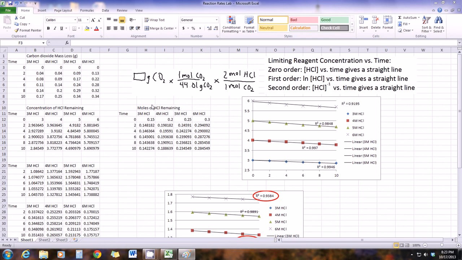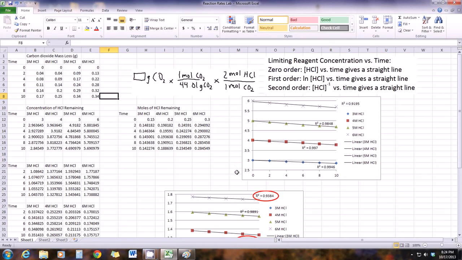So to go from this data to this data, all I did was divide by the volume that was first used, which was the 50 milliliters, but in order to get it into molarity, I divided by liters. So moles divided by 0.05 liters got me from this column to this column. And from there, all I really needed to do was to graph the data.